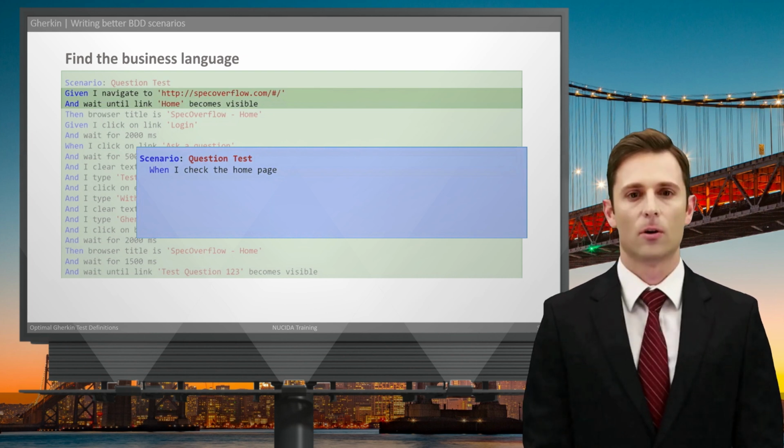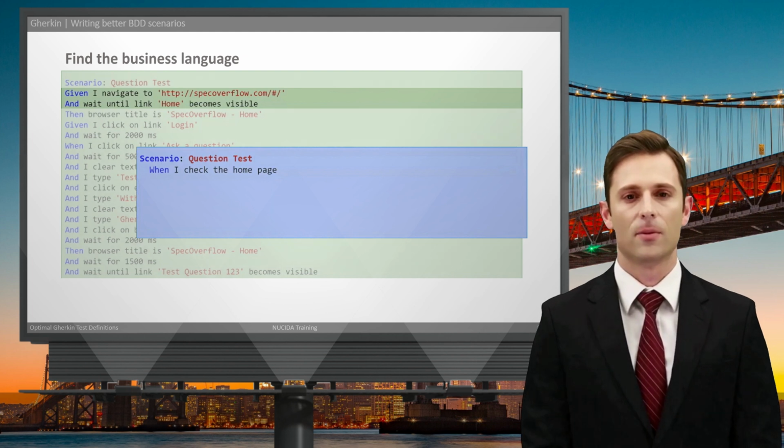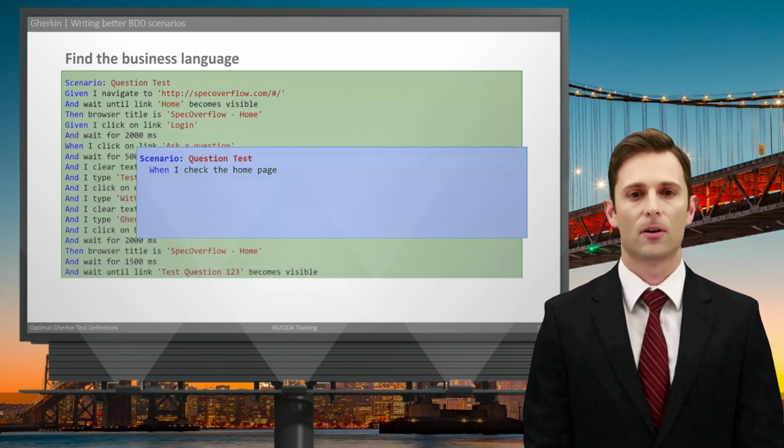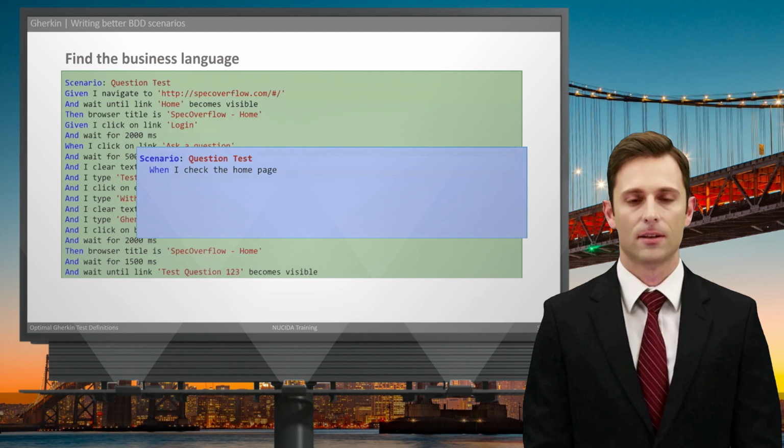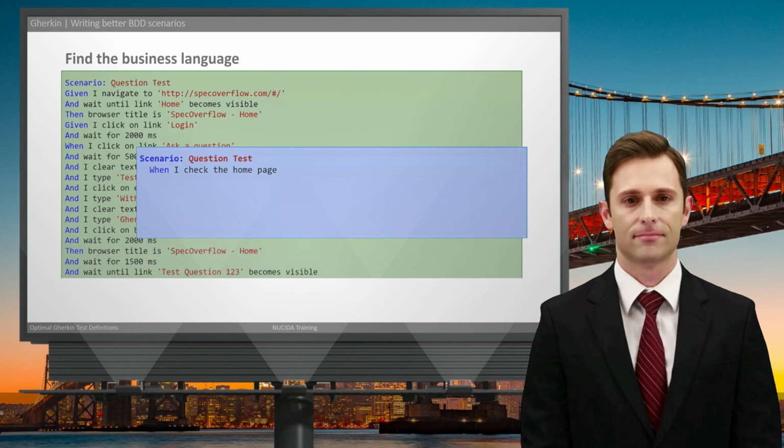Let's do a few steps of that, just to get to know the rhythm of it. The first thing that I have identified are these first 2 lines. So, given I navigate to some URL and I wait until this home link becomes visible. Basically, what I wanted to say with that is that I'm checking the home page. The technical implementation is how I check the home page.